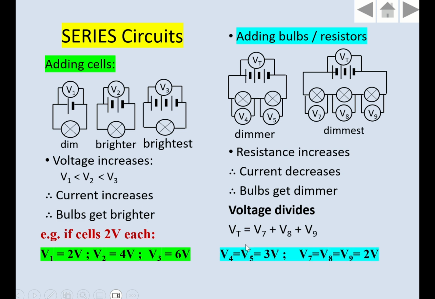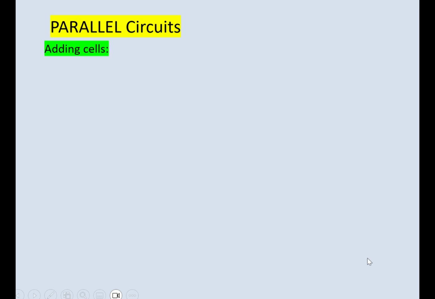Over here, we would see that these two would be the same if the bulbs are the same, and they must each be 3 volts. And here, all 3 of those must be the same, so 6 divided by 3 gives me them all equal to 2 volts. Let's contrast that with circuits in parallel.